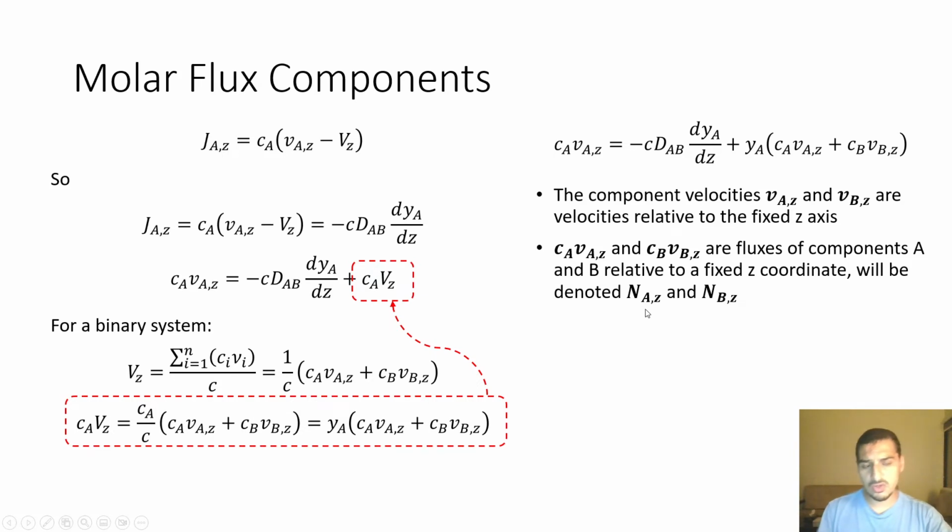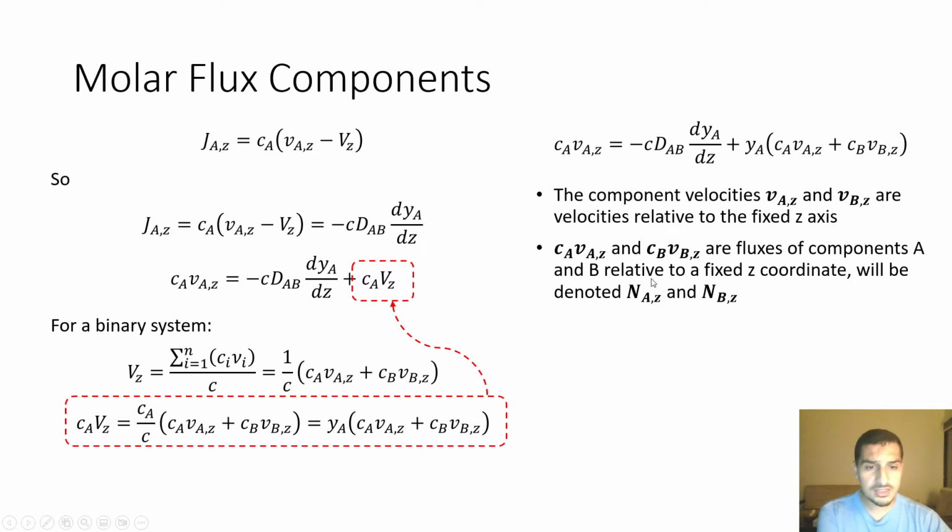This is a new term that we haven't mentioned before. We know that the flux used to be called J, but now we give it another name, which is N, and N is the flux relative to a fixed point in space, just to differentiate between the flux relative to the average velocity and the flux relative to the fixed coordinates. So this is N_Az and N_Bz, which is C multiplied by V.